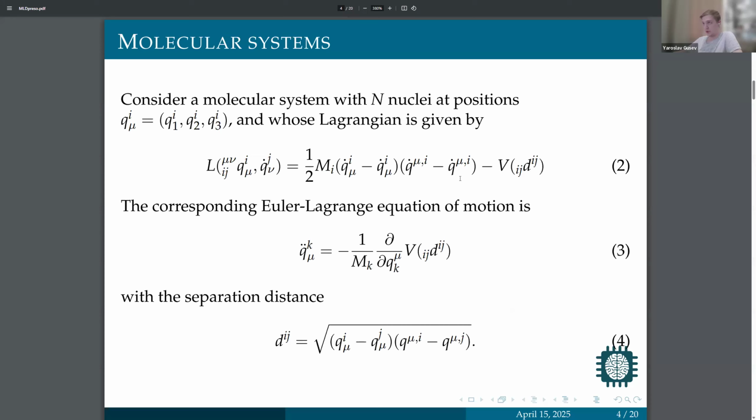The first part is the kinetic part, the second is the potential energy part, and then one can construct the action functional, and with the variational principle, optimizing this action, one can obtain the equations of motion, which are also known as Newton's second law. Just like acceleration, you have the mass term here, and you have the minus gradient of the potential energy.